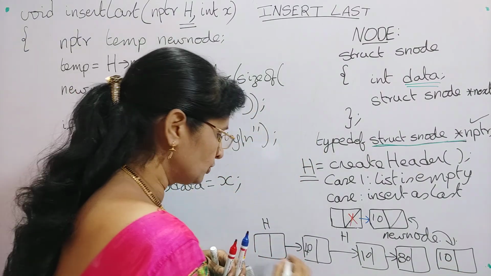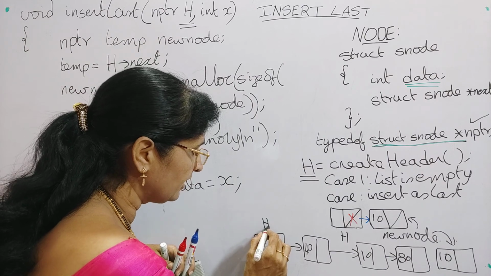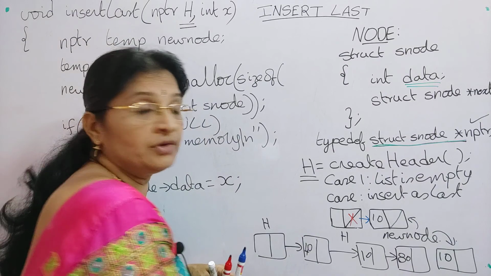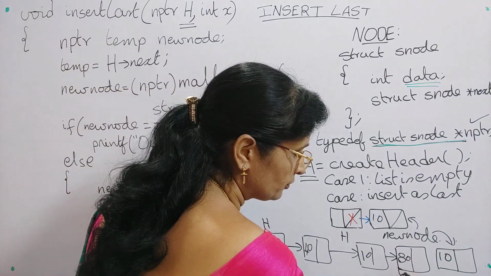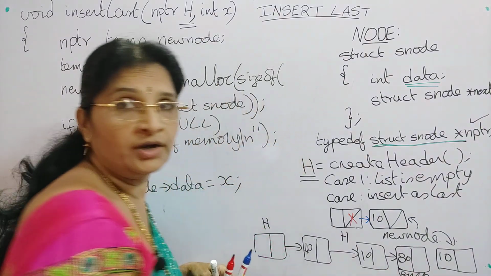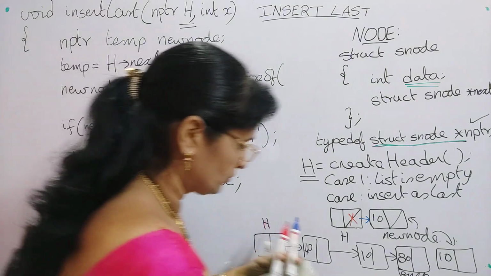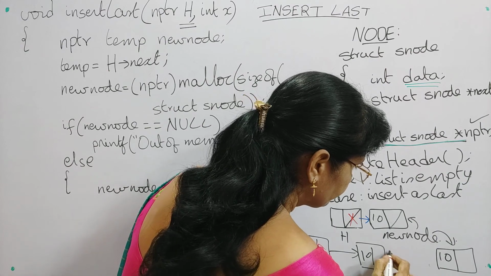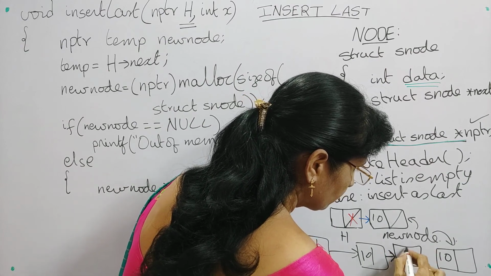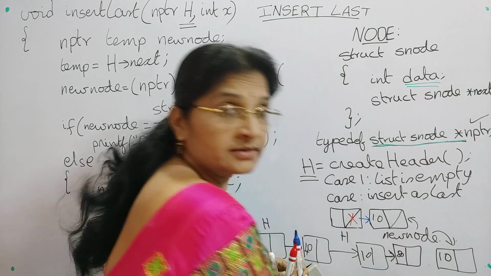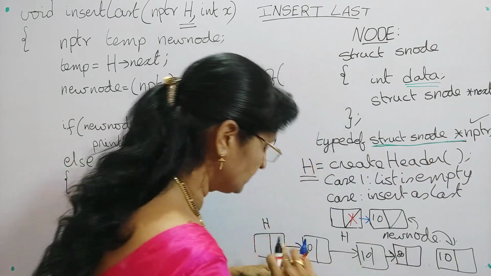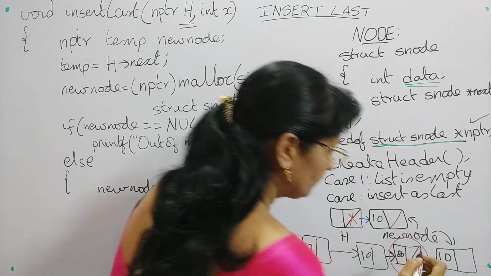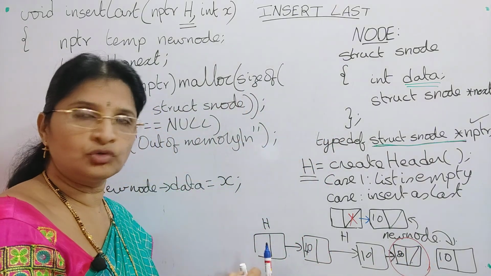Then what we have to do? We have only the first node address in hnext. Now what address do we want? We want the address of the last node, this node, because this is the last node. For that we have to move the pointer.